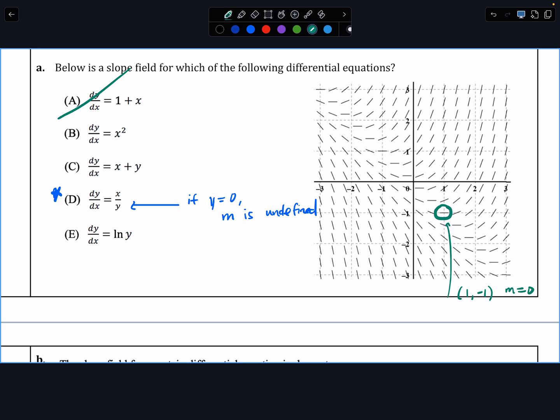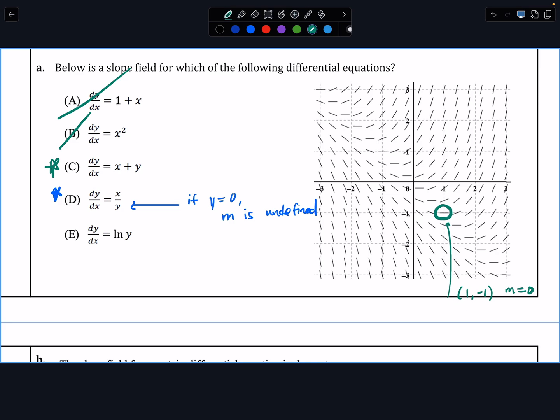If I plug in 1 there, what's 1 squared? Can't be B. What's 1 plus -1? 0. So I'm going to put a star next to this one because it could be C. X is 1, y is -1.